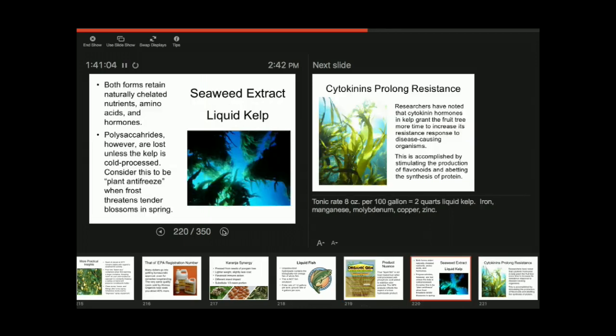The seaweed piece. Seaweed can either be a dry extract or a cold processed liquid kelp. Now, for most of the virtues of seaweed, it doesn't matter. So I mostly use the dry extract because it's cheaper to mail that than it is a liquid product. The one difference is that liquid kelp retains the polysaccharide content.